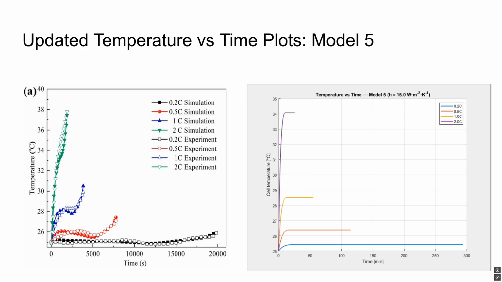I'm Jacob Roberts, and I've been covering Model 5 and Model 6 in this research. So to start off, I updated my temperature versus time plots for Model 5 and Model 6 because when I originally created them, the temperatures for each discharge rate were trending in a negative direction from the starting temperature of 25 degrees Celsius.